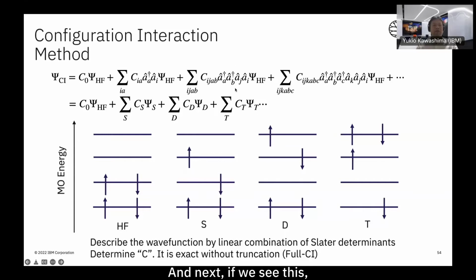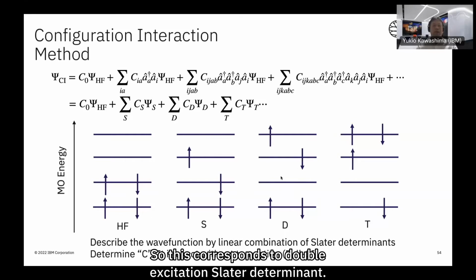And next, if we see this, we have a_a^† a_b^† a_j a_i. First we have two annihilation operators, so we destroy or remove two electrons from the Hartree-Fock determinant, and we add two electrons in the Slater determinant.